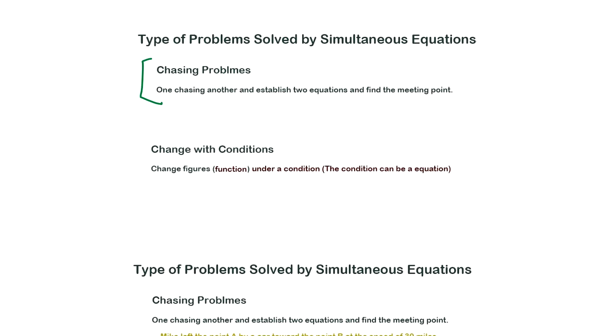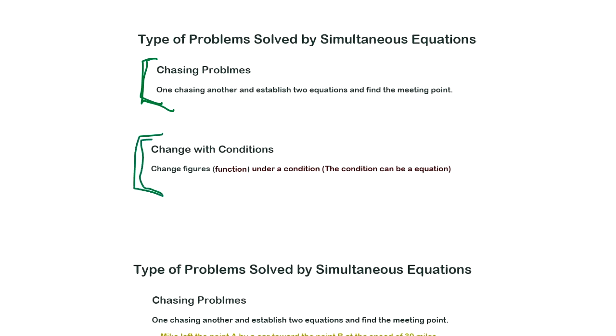The speed is different, so where they meet, that's a chasing problem. Or the clock, long hand and short hand. These days you're not used to the traditional clock. That's all digital clock, but the traditional clock with long hand and short hand is often used in algebra as a chasing problem.